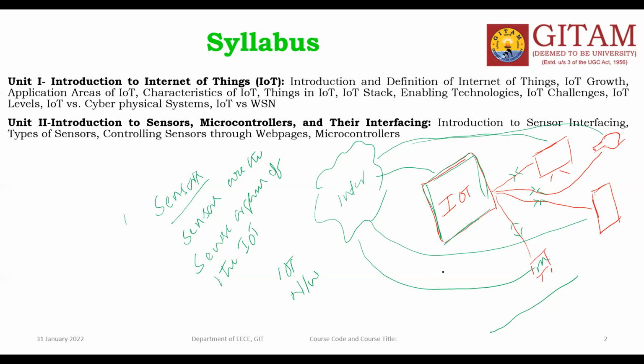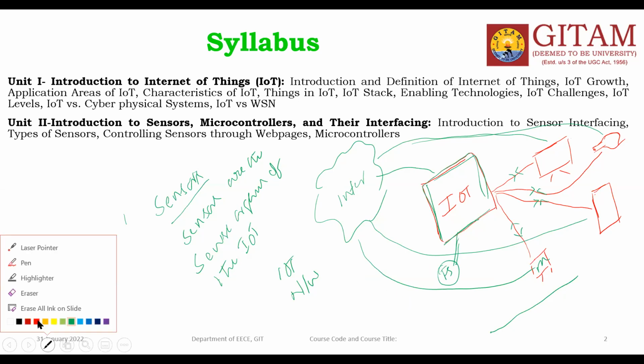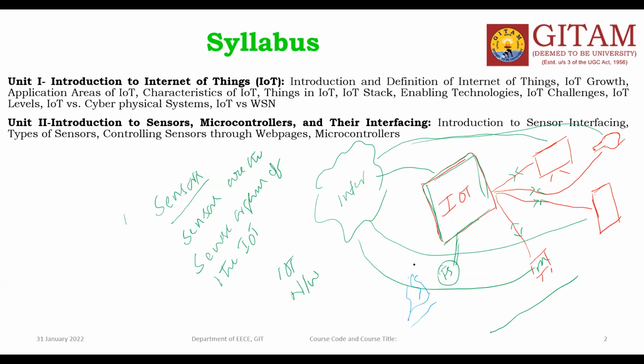This is also connected with this one. Suppose in the atmosphere there is any fire, smoke is there. The sensor will smell the smoke, and the signal is sent to the IoT.